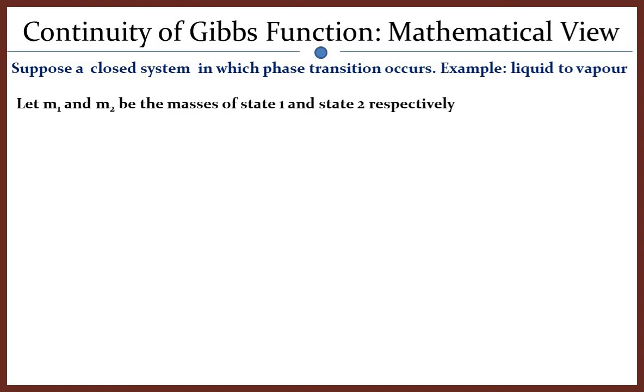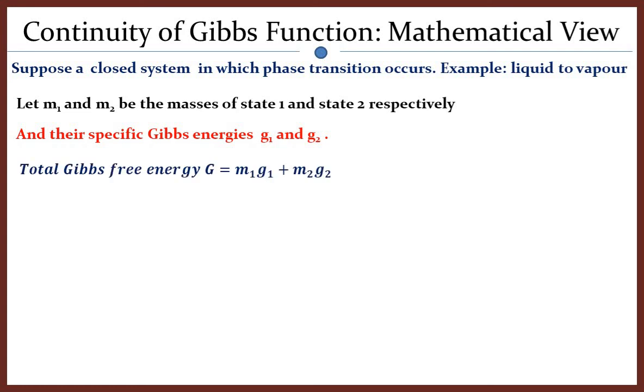At any instant of time, suppose m1 and m2 are the masses of state 1 and state 2 respectively. State 1 is phase 1, state 2 is phase 2, and phase transition is happening from state 1 to state 2. Consider specific Gibbs energies g1 and g2.